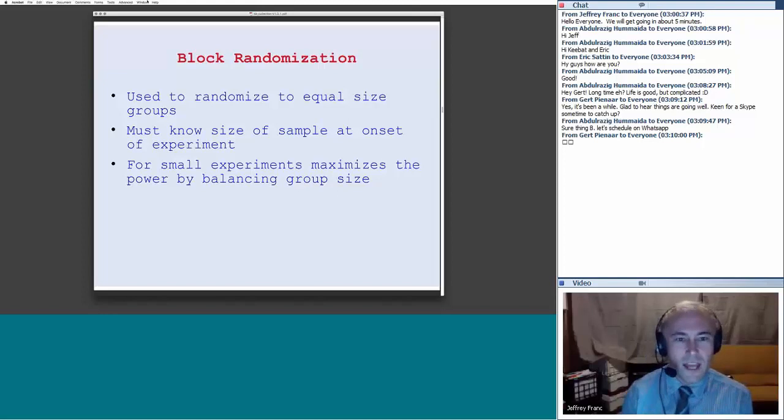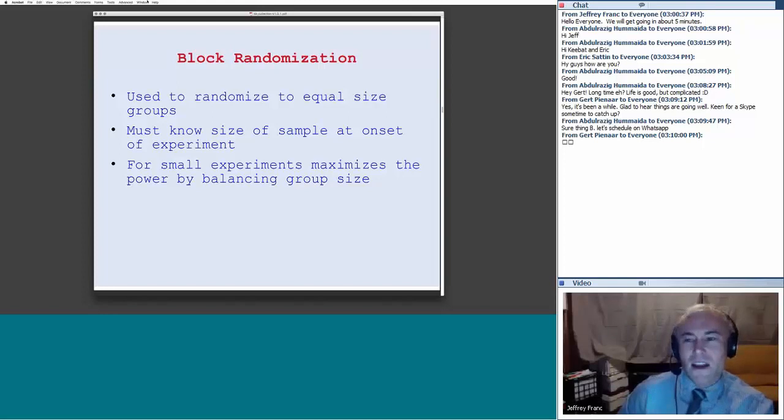Now, block randomization is used when we want to make sure that we get equal size groups. For this, we really do need to know the sample size at the onset. This is to avoid, in small experiments, we want to maximize the power by balancing the group size.